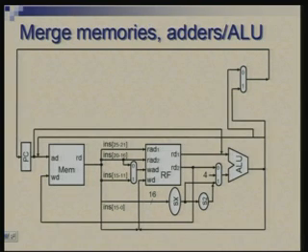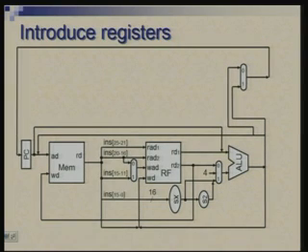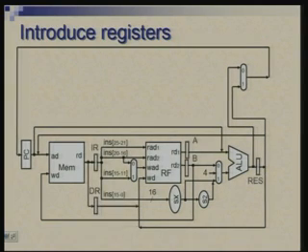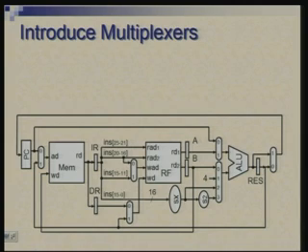The same data path after merging memories and eliminating the adder is shown here. We then introduced registers, so that the action of one cycle gets isolated from the next cycle, and finally introduced multiplexers to complete the data path.